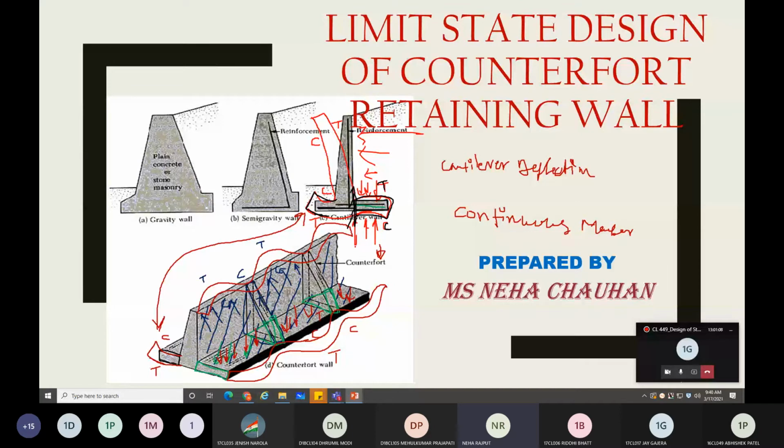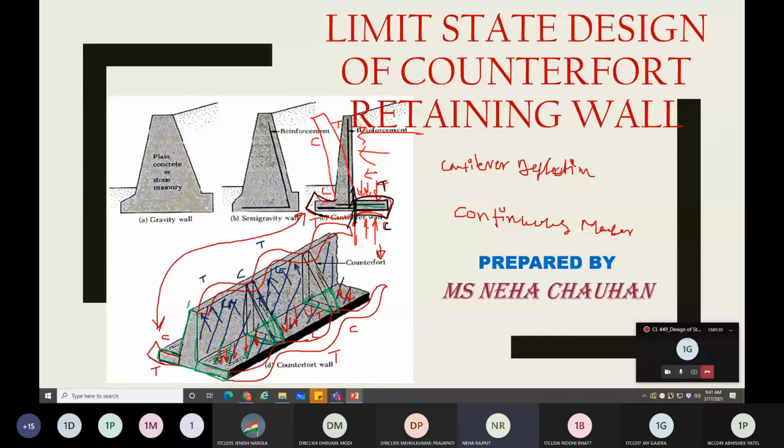So what you need to do in the counterfort retaining wall is, very first, the proportioning part that we have done in the cantilever retaining wall. The same is applicable over here also: very first you need to define the dimension of each and every member of the counterfort retaining wall, right?